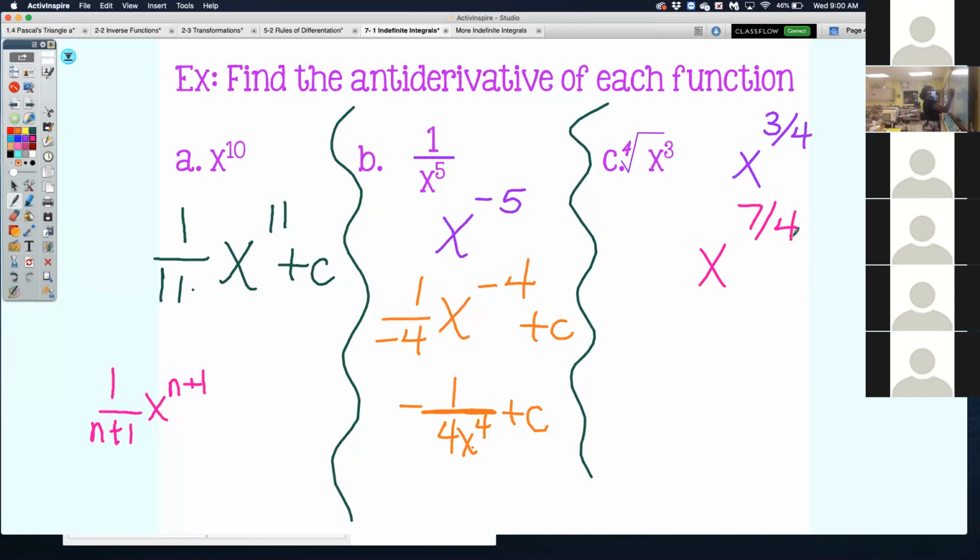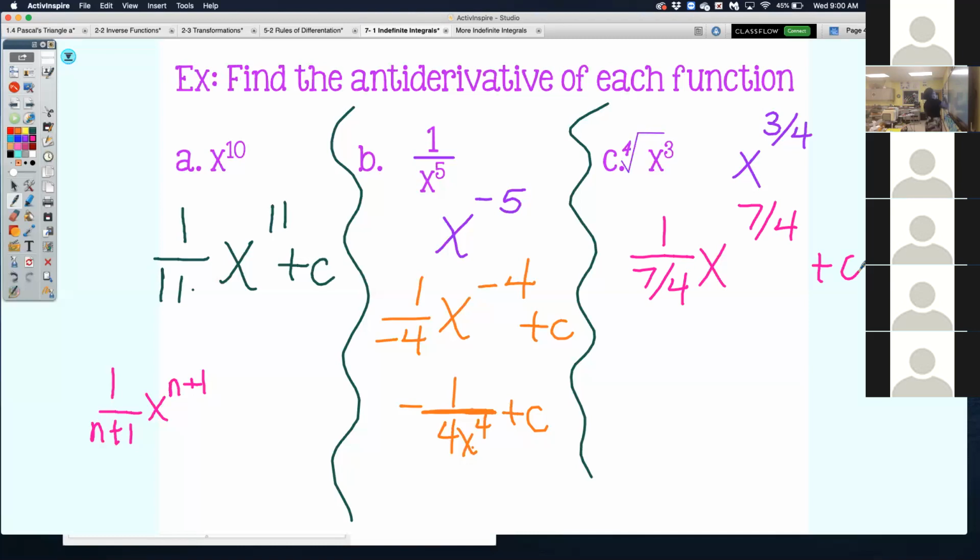The coefficient is going to be 1 over that new exponent, plus c. Now, you know good and well we cannot have a fraction within a fraction, which is what we have right now, that 1 over 7/4. So how do I simplify 1 over 7/4? I've got to keep, change, flip.